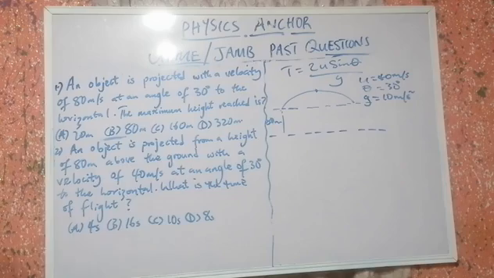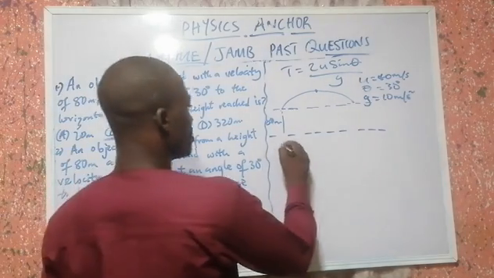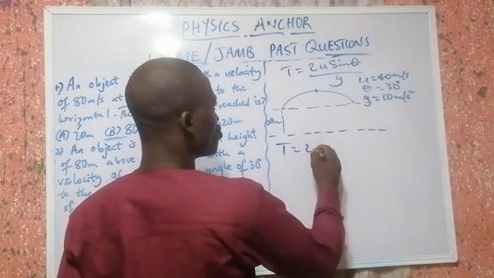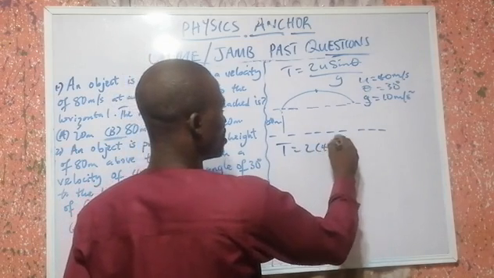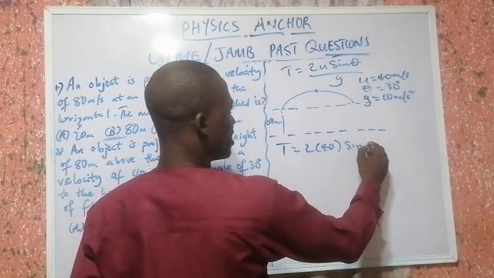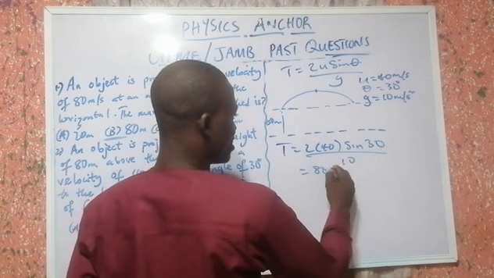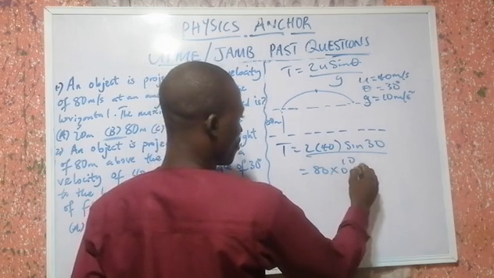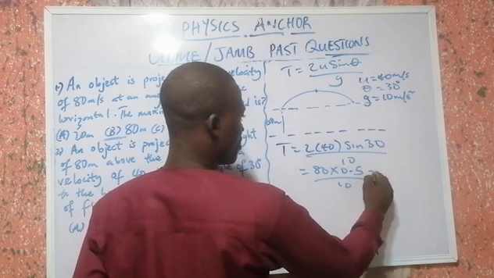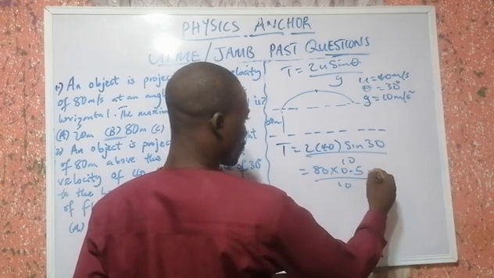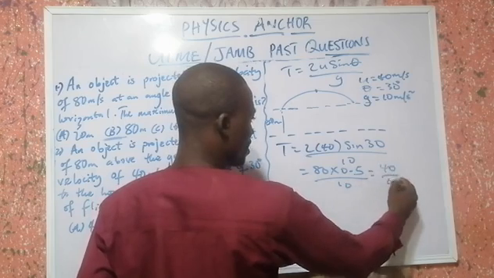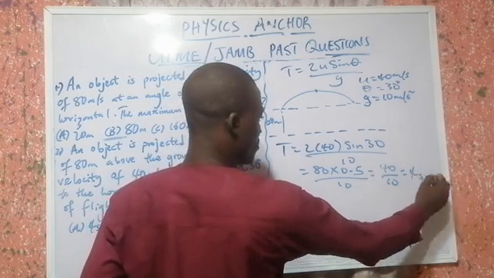So we put that in the formula. t equals 2u sine 30 over 10, which is 80 times 0.5 over 10. 80 times 0.5 gives us 40 over 10, and that will be 4 seconds.